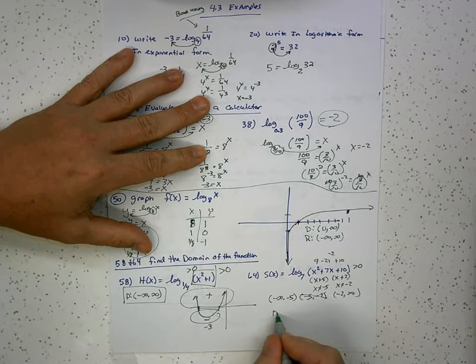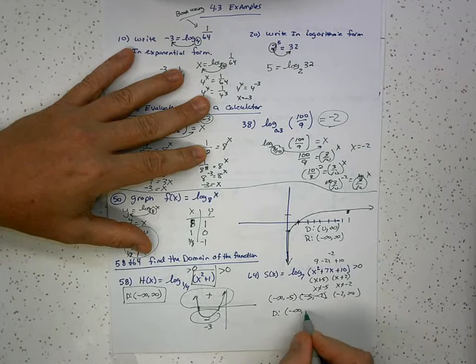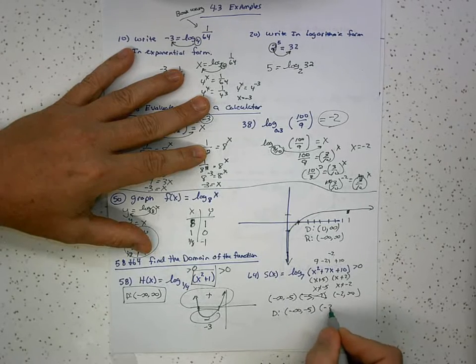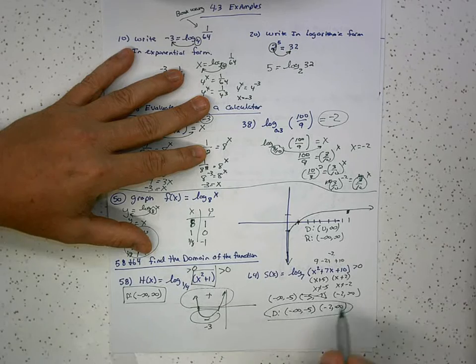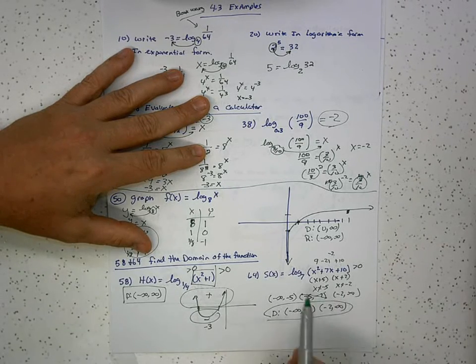So my actual domain for this is negative infinity to negative 5 and negative 2 to infinity. So you need to be careful about just looking and seeing, well, it's where it equals 0. It's not. Those are the breaks, but I have to look at each individual area and make sure that they work also.